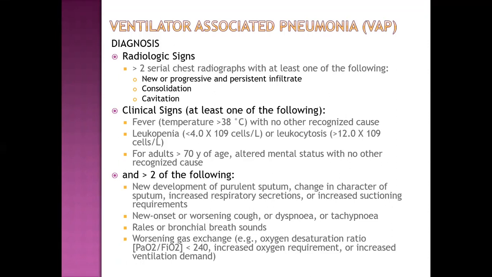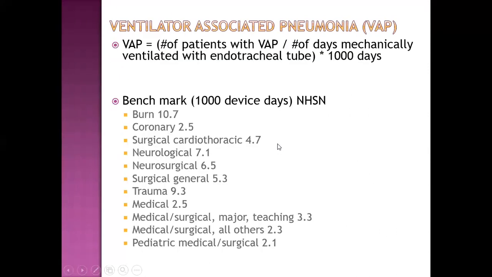For elderly patients more than 70 years, altered mental status with no other recognized cause, and more than two of the following: new development of purulent sputum, change in character of sputum, increased respiratory secretions, or increased suctioning requirement, new onset or worsening cough or dyspnea or tachypnea, rales or bronchial breath sounds, worsening gas exchange, that is oxygen desaturation ratio less than 240, increased oxygen requirement or increased ventilation demand. So these were the criteria for diagnosis of ventilator-associated pneumonia.